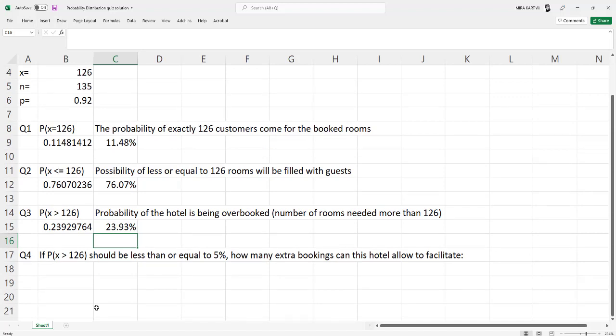If the company doesn't mind paying to compensate guests who have booked and then couldn't get the room, the possibility of them having to compensate is still okay as long as it is less than or equal to 5%, which is the maximum of 5%.